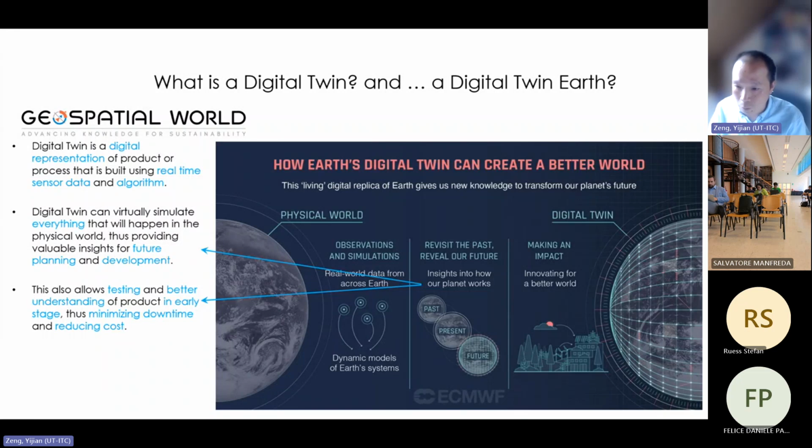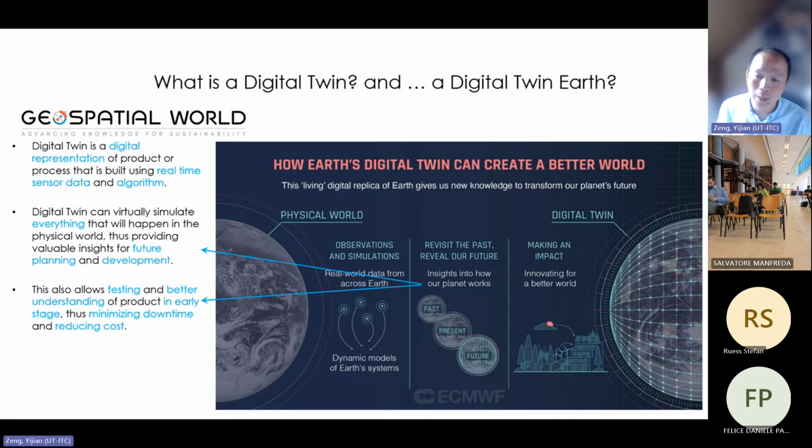And then for the future, of course, it depends on what you define as future. You have a medium range weather forecast, which is for the coming 2 weeks, but then there are also climate projections based on different scenarios. So with this Earth system model or digital twin Earth, we can simulate the past, the present, and also the future.